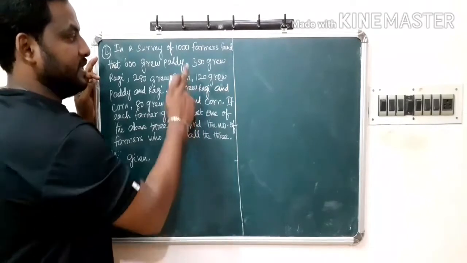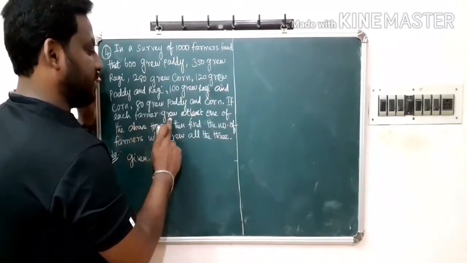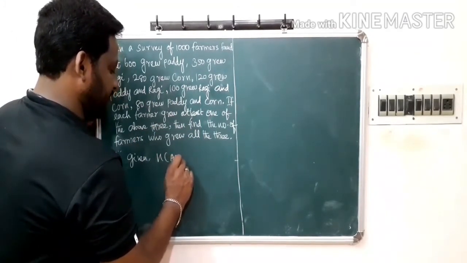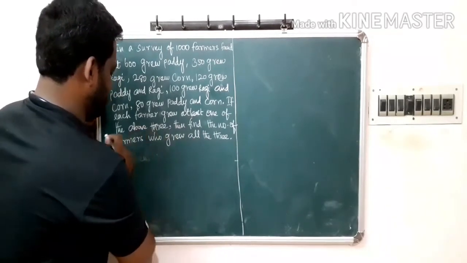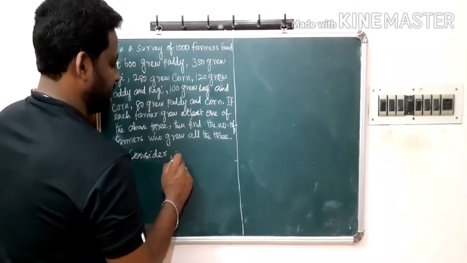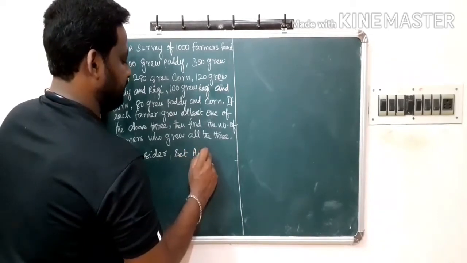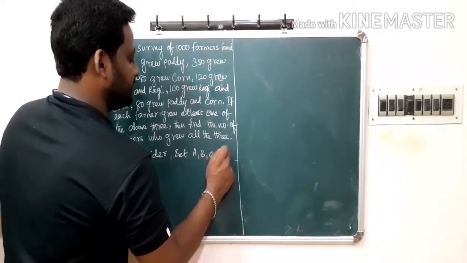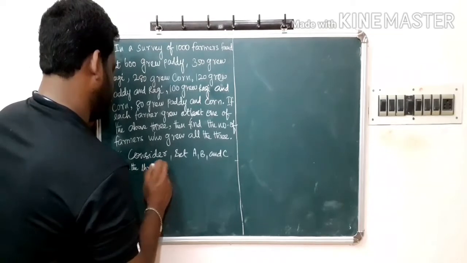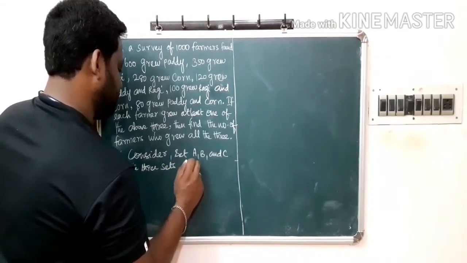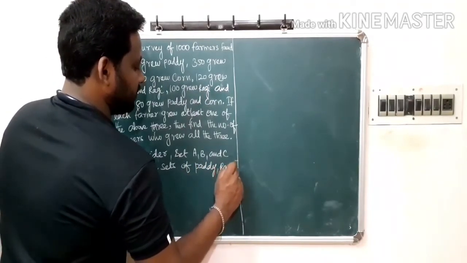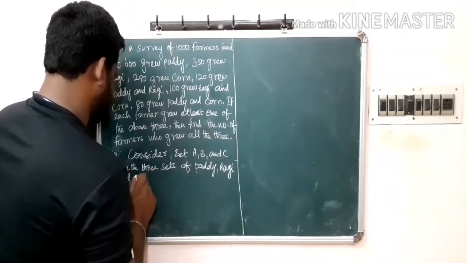If each farmer grows at least one of the above, which means n of A. So before that you have to write, consider sets A, B and C are the three sets of paddy, ragi and corn.